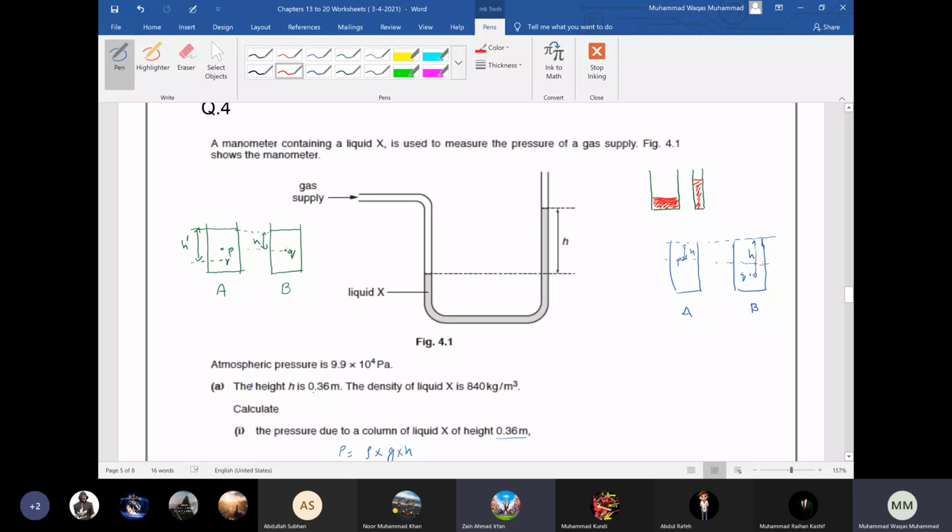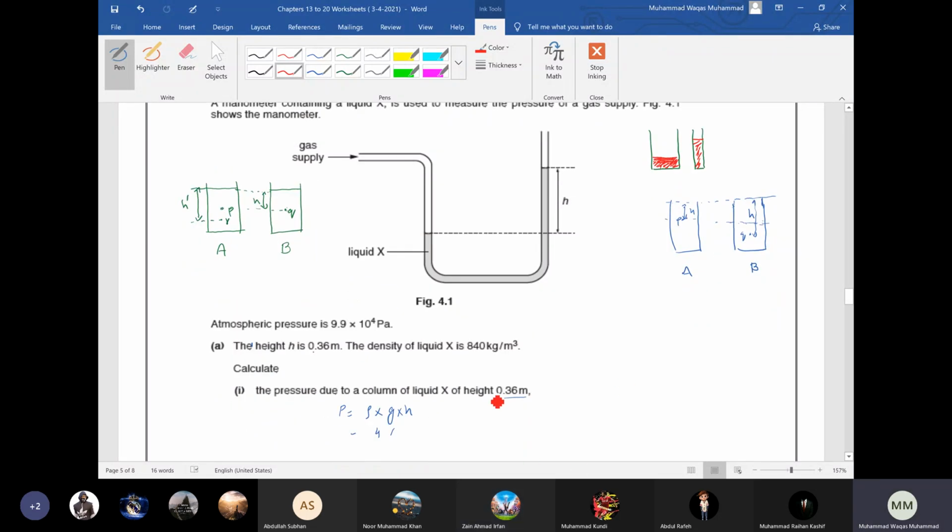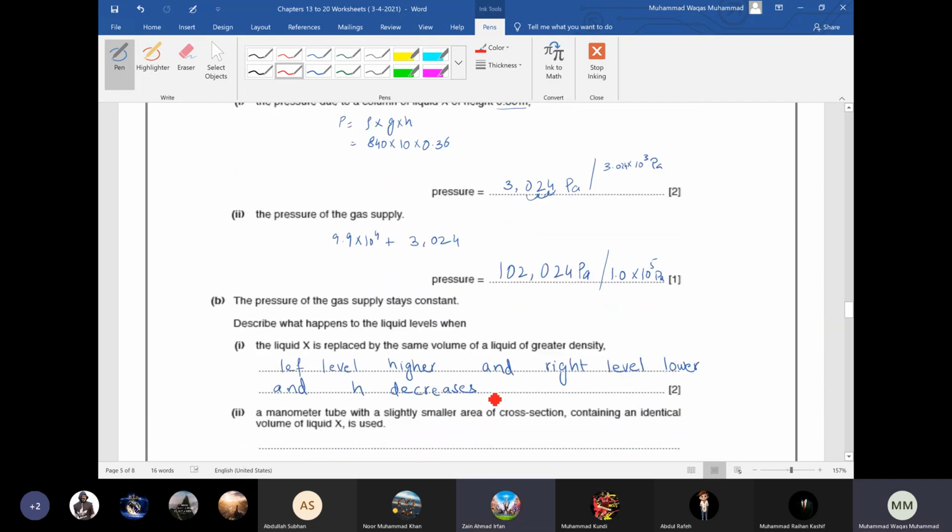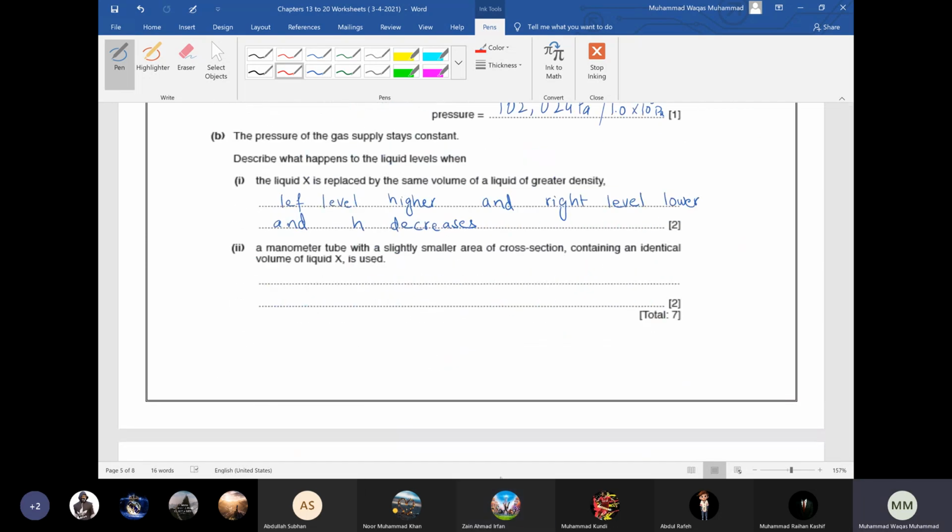The level of the liquid will be higher on both sides or on one side? Sir, both. Shabash. And now beta, tell me, will it change the height difference H?